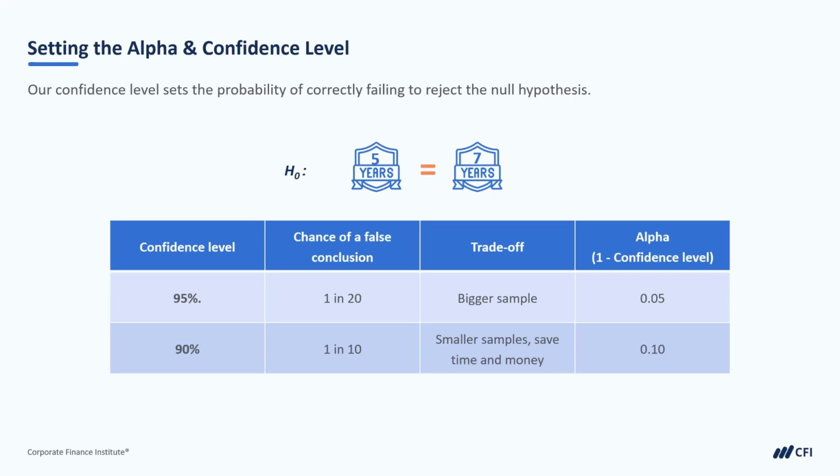For our calculations later, we'll also need to have an alpha value. Recall that the alpha value is 1 minus the confidence level. Our confidence level in this case is 0.95, so our alpha is 0.05. Now our third step is to pick the statistical test we will use for our analysis. We will review two of the most common types of tests, a two-tailed test and a one-tailed test.